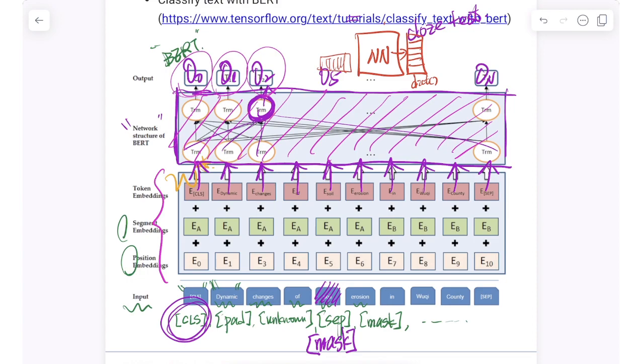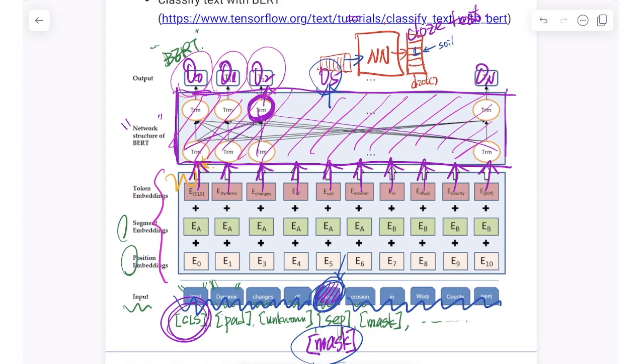So if this word, soil, is masked when training, this BERT network should use the other words to figure out what exactly this word is. So after O5 there should be a predefined neural network, and it should output something like: that is, in this dictionary, the output of soil.